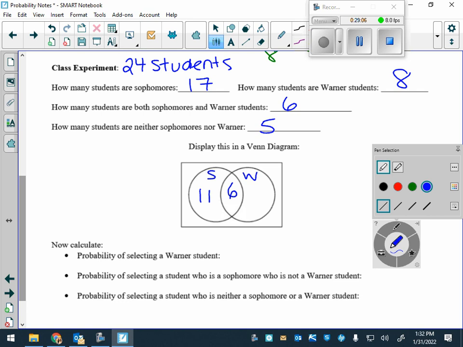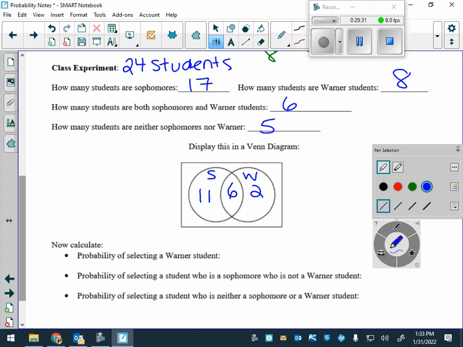However, isn't this full circle representing sophomores? So we have 17 in total, right? So now we look at just Warner House students. How many are just Warner House? Addison? 2.